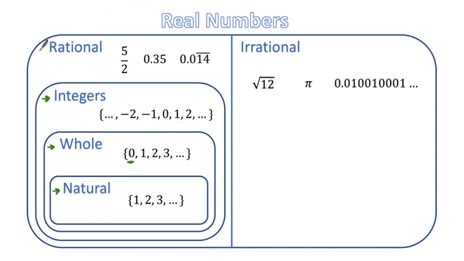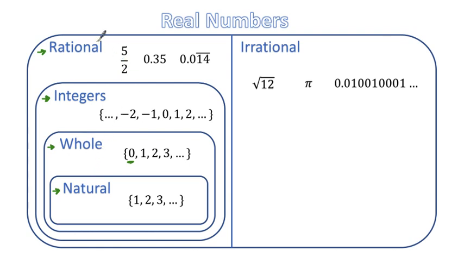And then finally we have our rational numbers, and be mindful that natural numbers, whole numbers, and integers are all rational. However, fractions and decimals are not included within integers, whole numbers, and natural numbers.